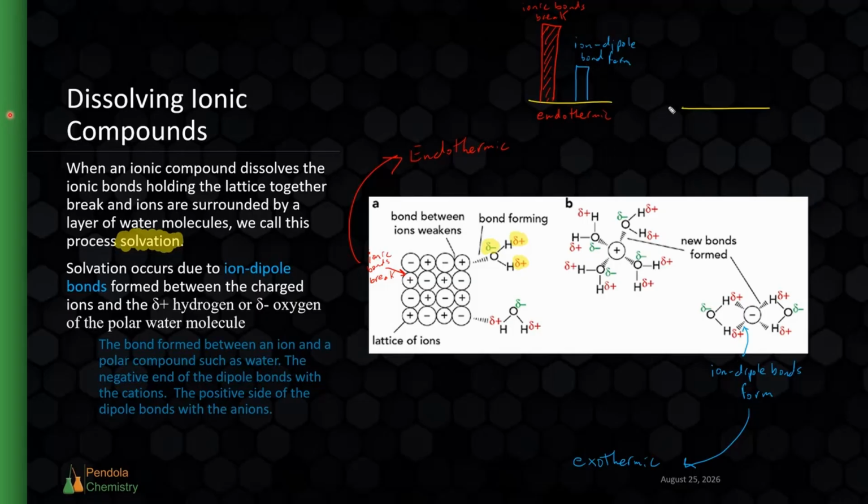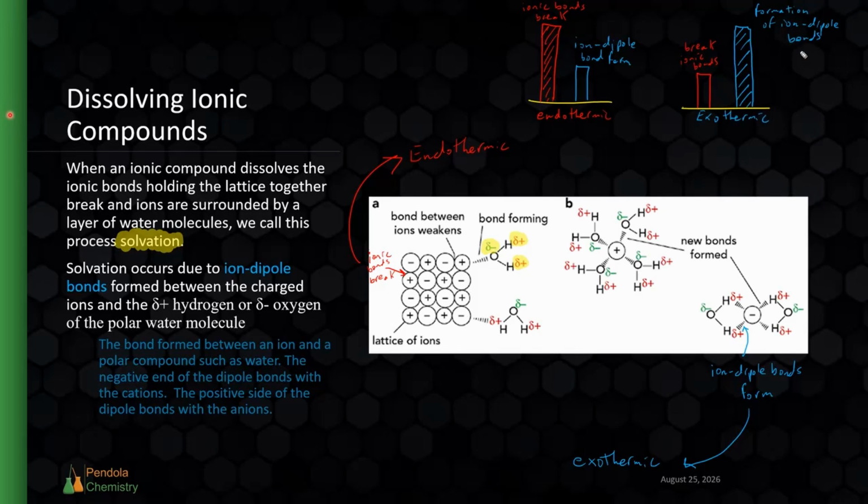On the other hand, if less energy is needed to break ionic bonds than the amount of energy released by the formation of ion-dipole bonds, then because more energy is being released, this dissolving will be exothermic.